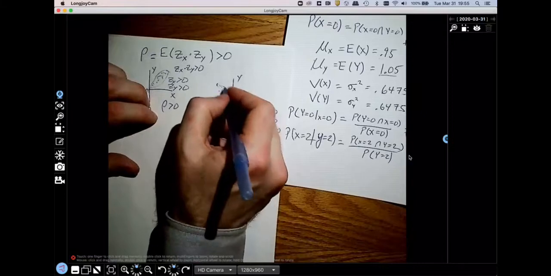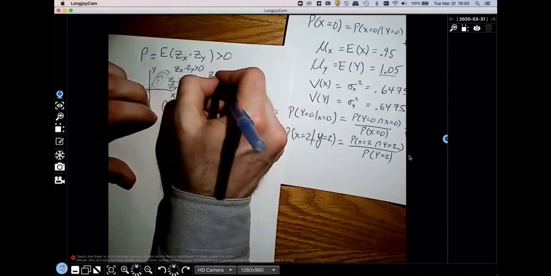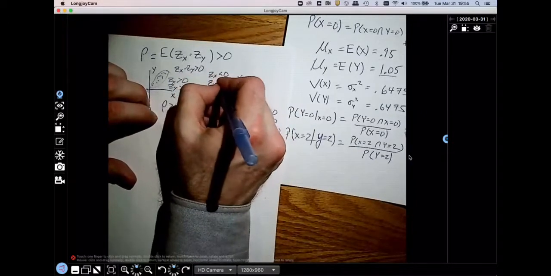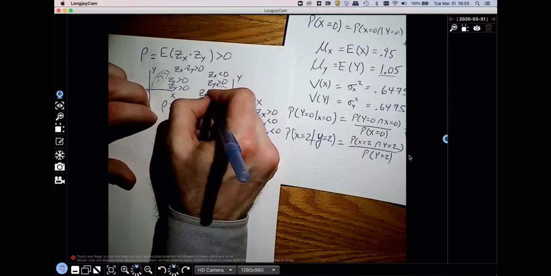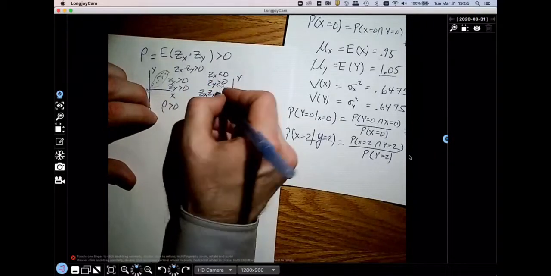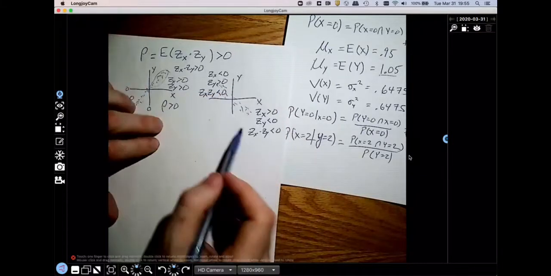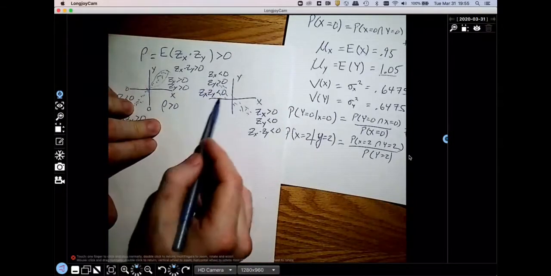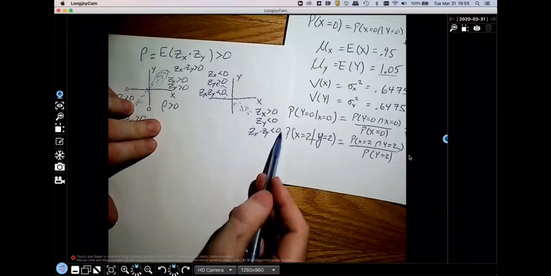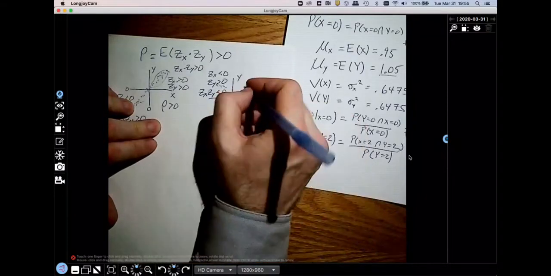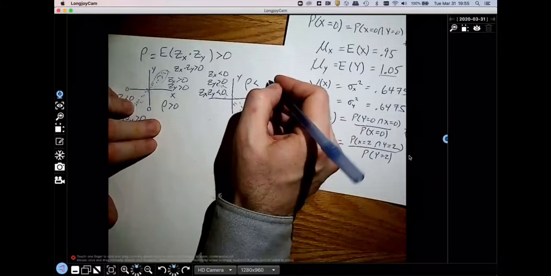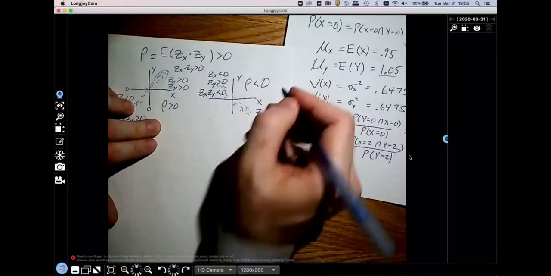What do we have up here? Well, up here, zx is less than 0, zy is greater than 0. The product is going to be less than 0. So if I average a bunch of stuff that's less than 0 with a bunch of stuff that's less than 0, my correlation coefficient will be less than 0.